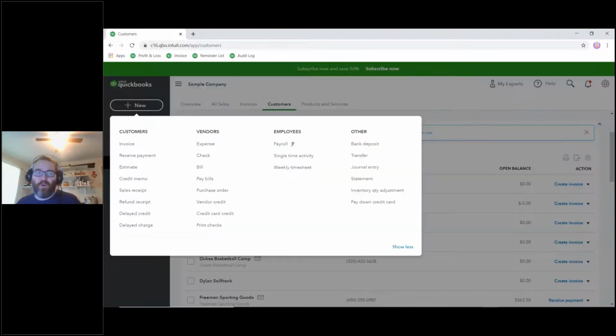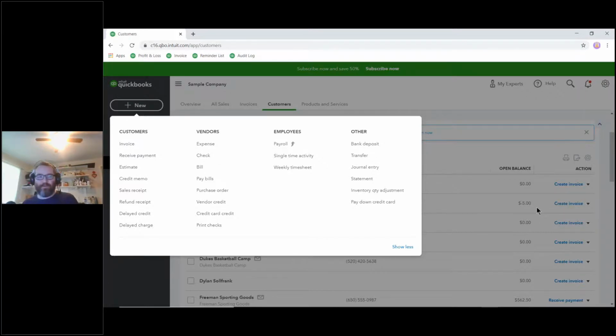A lot of people will think, oh, well, if I return the money, it's either going to be a refund receipt or a credit memo, right? That's probably where they're going to go. The problem is that if you enter a credit memo, it's actually going to lower their balance even more. It's going to lower it down to negative $10. And if you do a refund receipt, it's not going to affect their balance at all. So even though those seem like the right choices, actually neither one of them are.